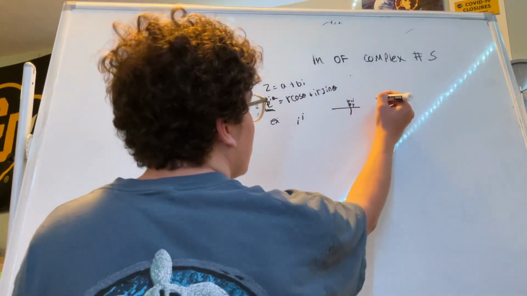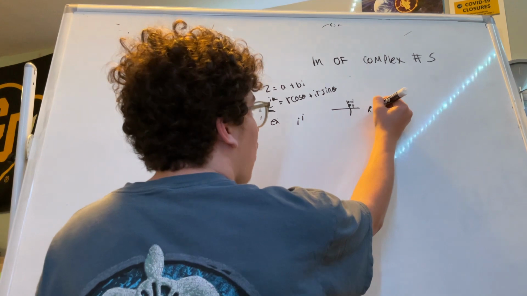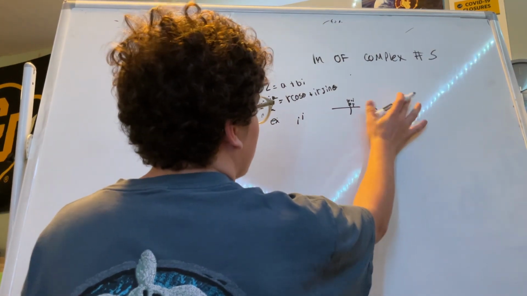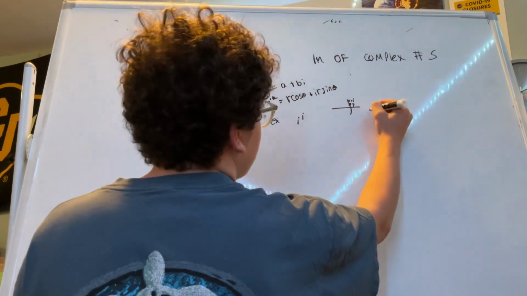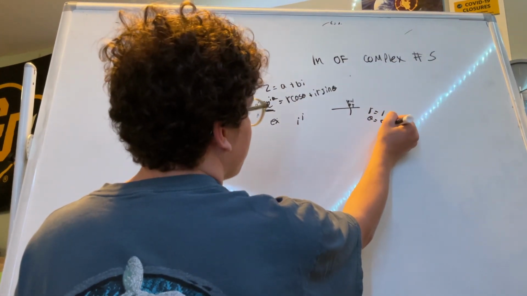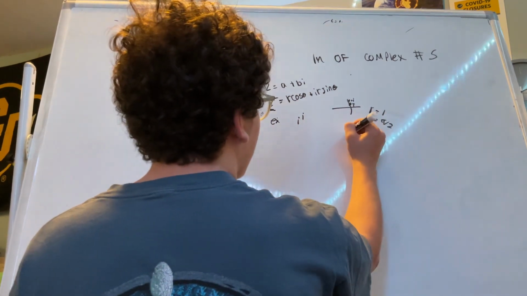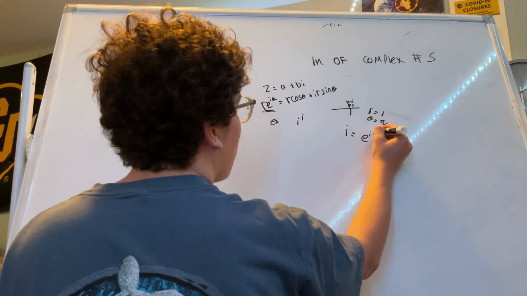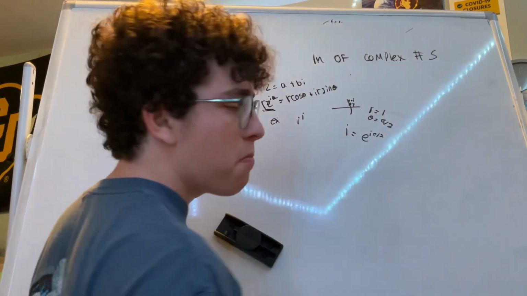Therefore, we can see that our r is equal to 1 because we're going up 1 unit, and our theta is equal to pi over 2. So now I'm going to define i as being equal to e to the i pi over 2.